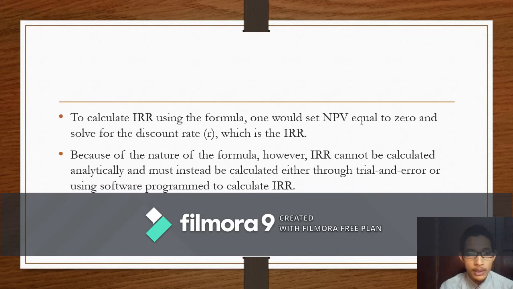To calculate IRR using the formula, one would set NPV equal to 0 and solve for the discount rate, which is the IRR. Because of the nature of the formula, however, IRR cannot be calculated analytically and must instead be calculated either through trial and error or using a software program.